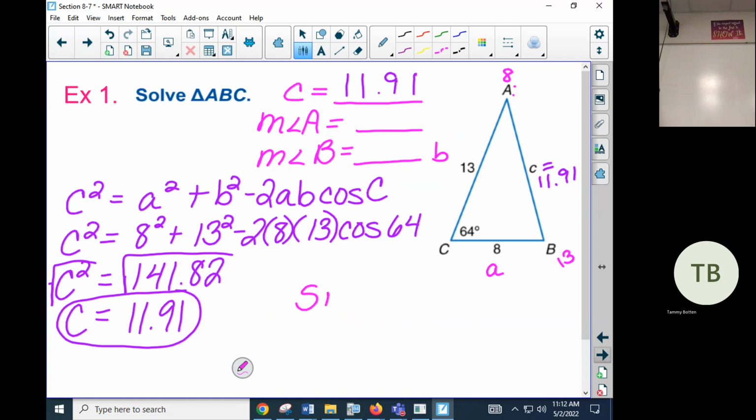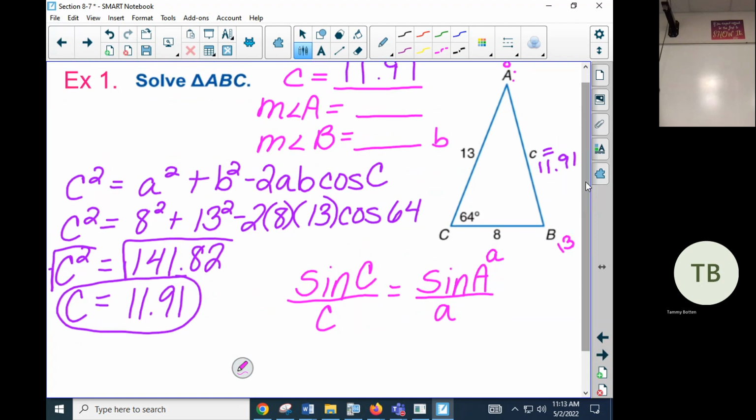And we know angle C and little c. So that's one thing I'm going to use. Sine of C over little c. And then I either need to find angle A or I need to find B. And we talked about how A is across from a smaller side. So I'm going to do sine of A over little a. Okay.